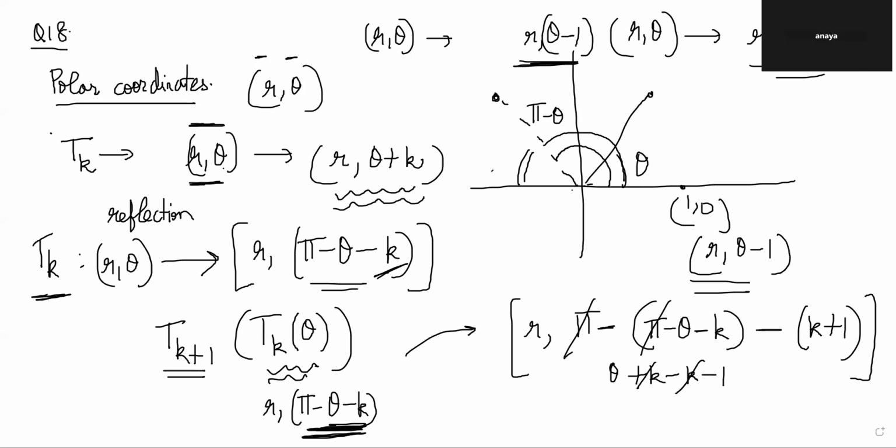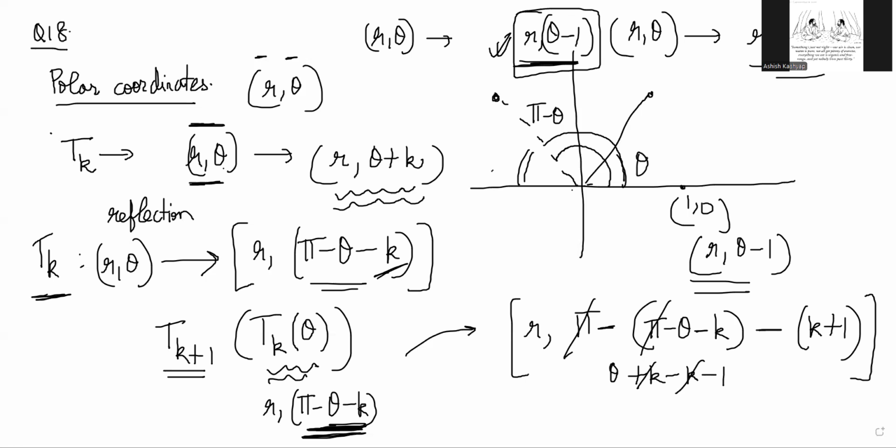So when we apply T2, that is what we end up with, r comma theta minus 1, right? The value of k actually doesn't matter, no? You are ending up on r comma theta minus 1 regardless of whether you did Tk or Tk plus 1.